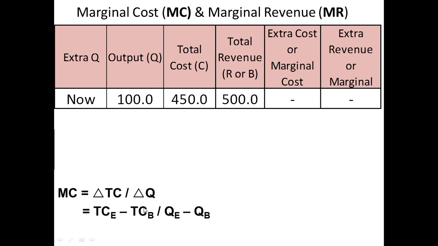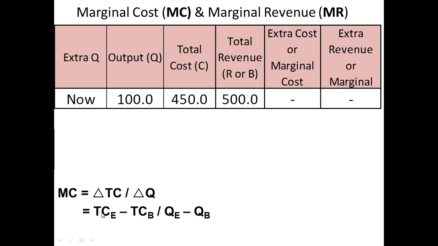If you produce at ending level, you pay total cost at ending. If you produce output at beginning level, you pay total cost at beginning. That's why this is consistent. If you change the order, your marginal cost, your MC, will be wrong.